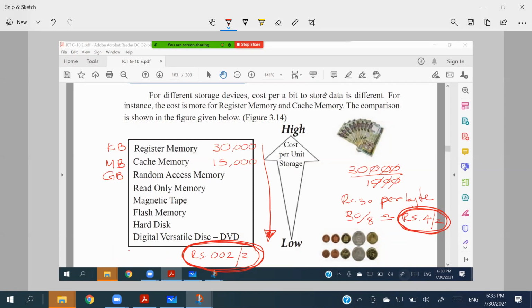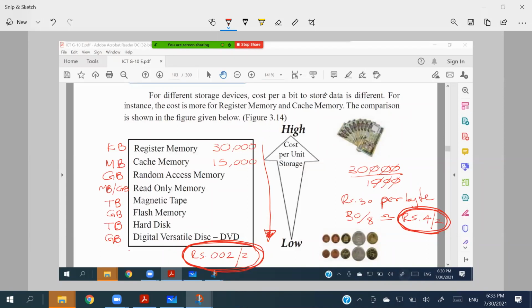Read-only memory, as I told you earlier, can be in megabytes or gigabytes, right? When it comes to the magnetic tape, we saw it is from terabytes. Flash memory is again from gigabytes. Hard disk from terabytes. Digital versatile disk is from gigabytes, right?